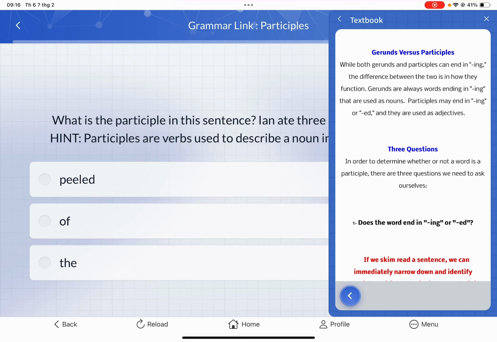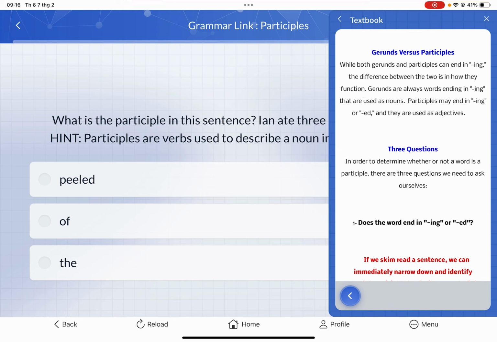When we're talking about participles, you can say it sounds a lot like gerunds. Both gerunds and participles can end in ing, but the difference between the two is in how they function. Gerunds always end in ing because they are used as nouns.